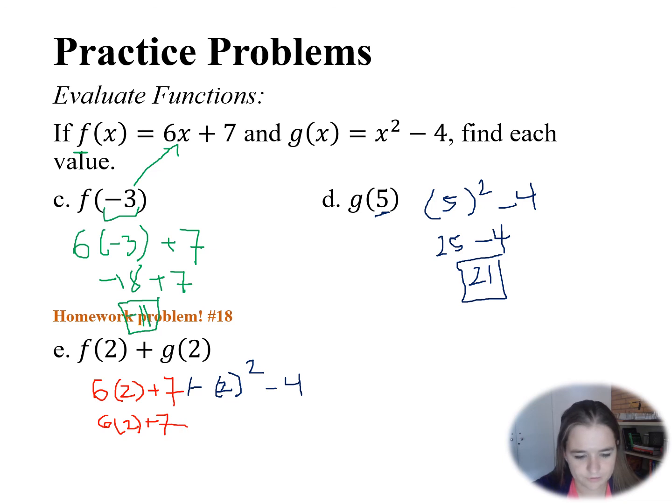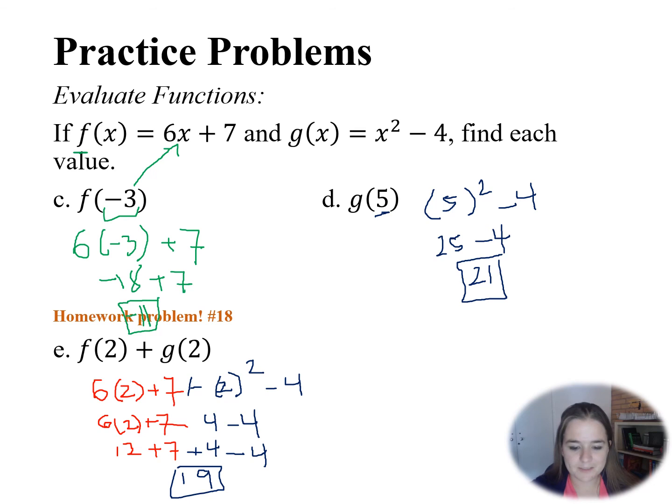And I know that 2 squared, +2 times +2, gives me 4. Next step is to multiply. So I see 6 times 2, which I know is 12, plus 7, plus 4, minus 4. Which gives me a final answer of 19.